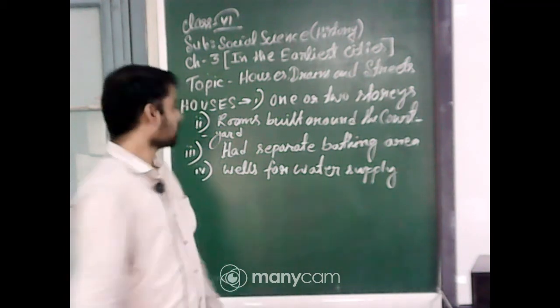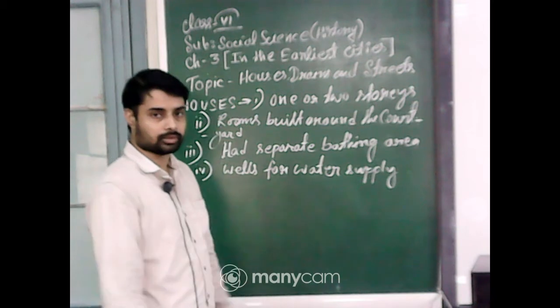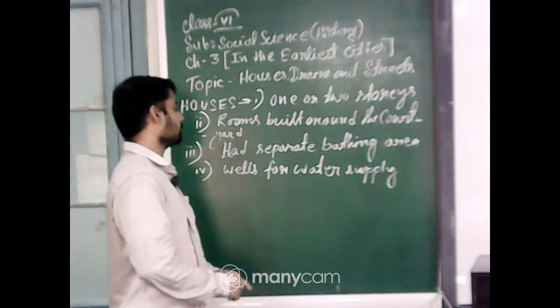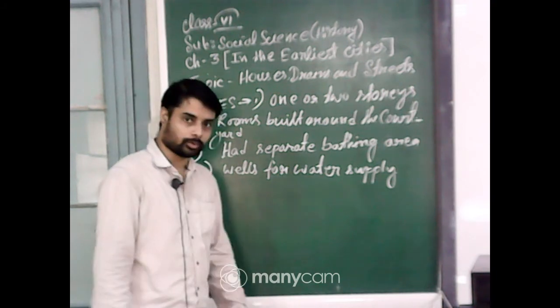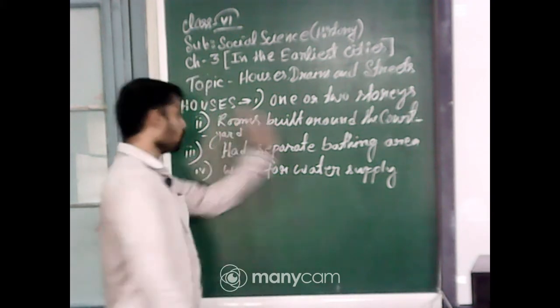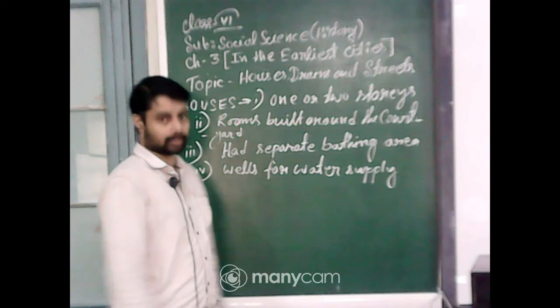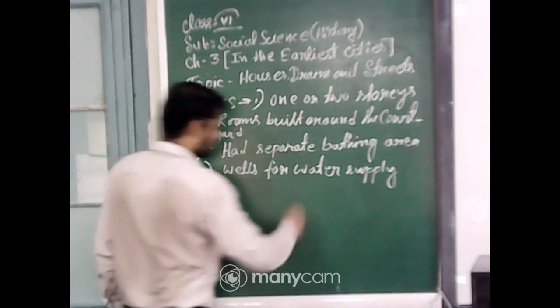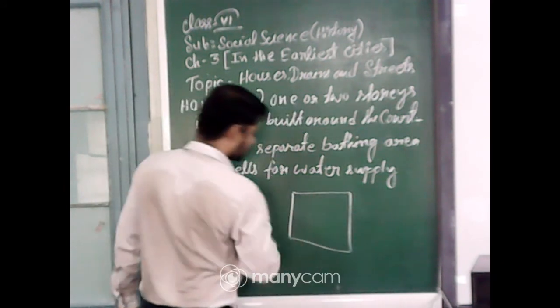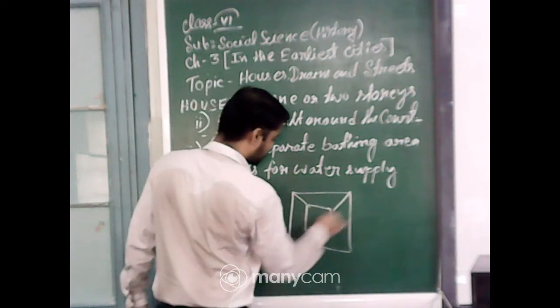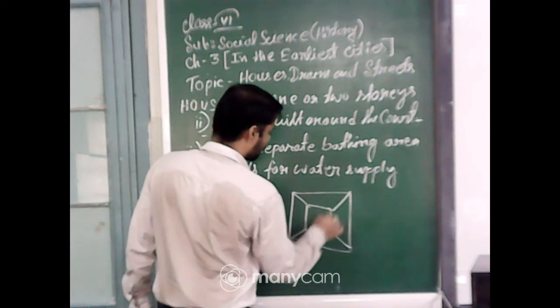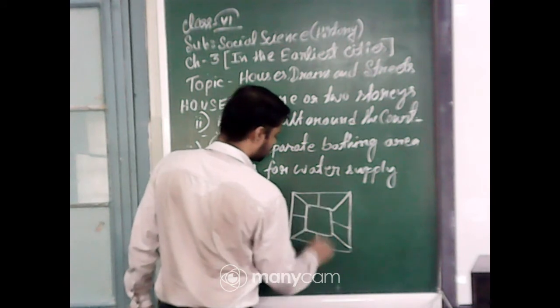The houses of the Harappan civilization were one or two story buildings, with rooms built around the courtyard. If I draw the picture, this is a house, and in the middle there is a courtyard, and the rooms were built around the courtyard.